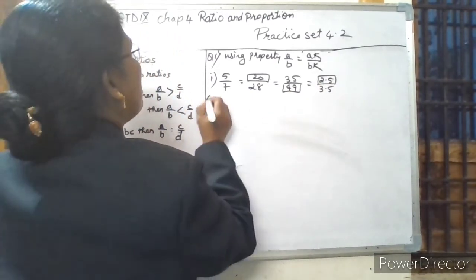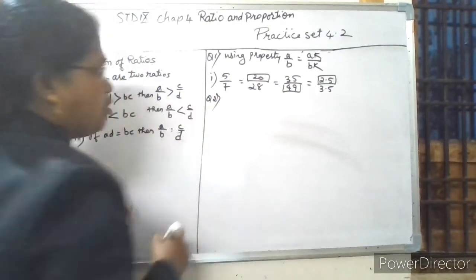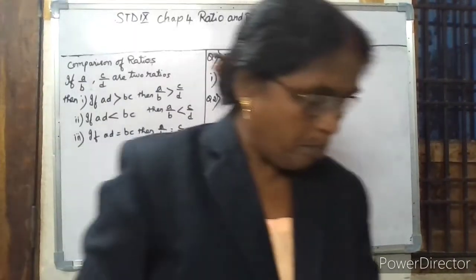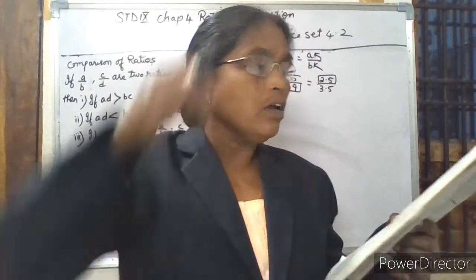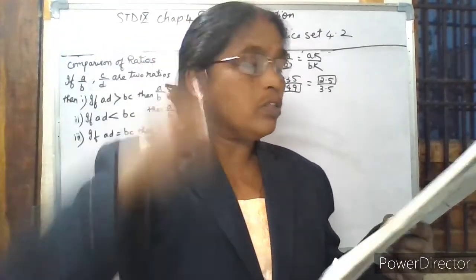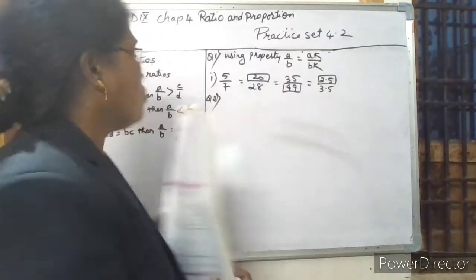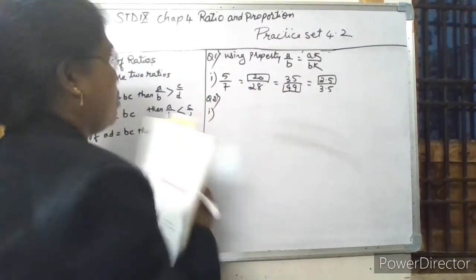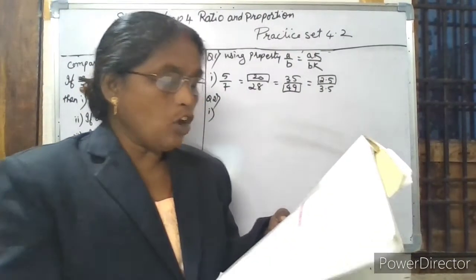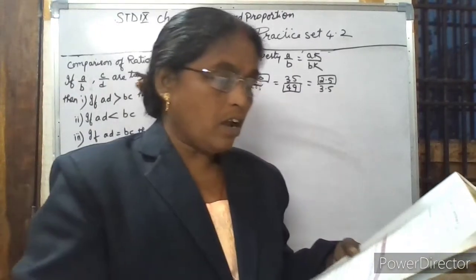Now let us go with question number 2. Here, find the following ratios. First one, the ratio of radius to circumference of a circle.